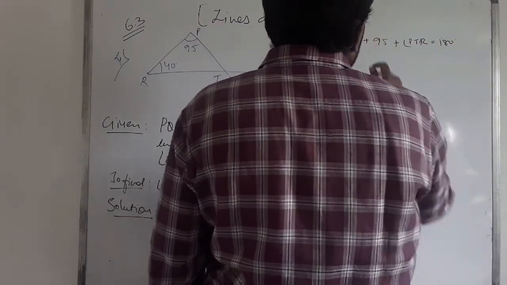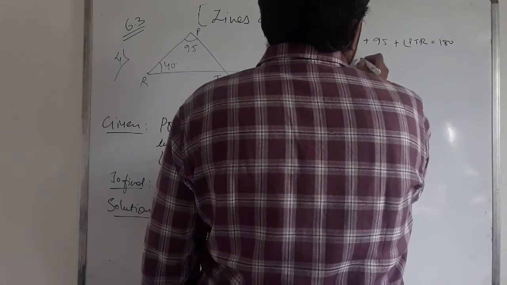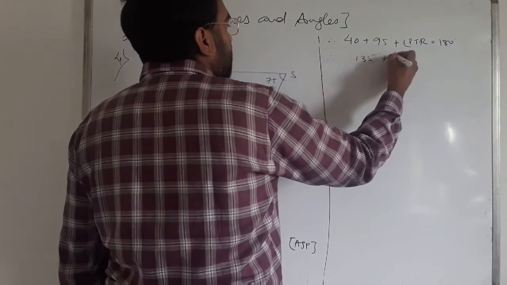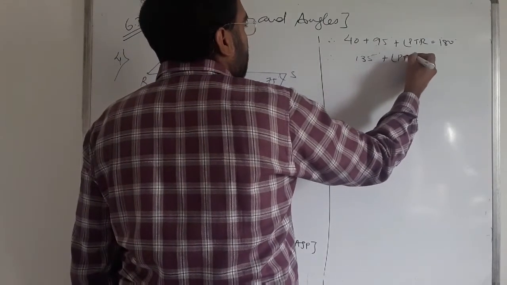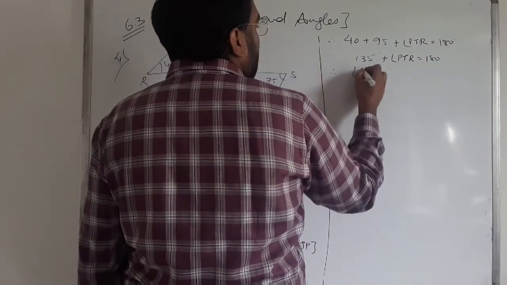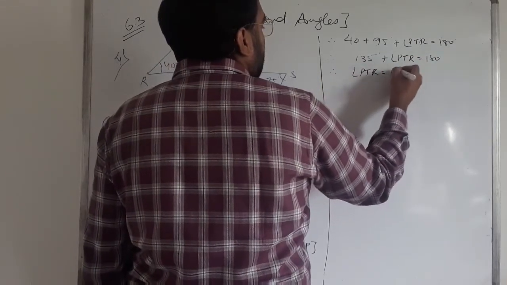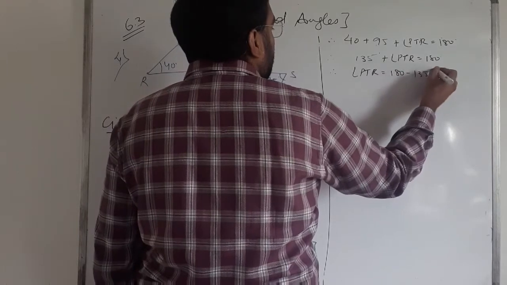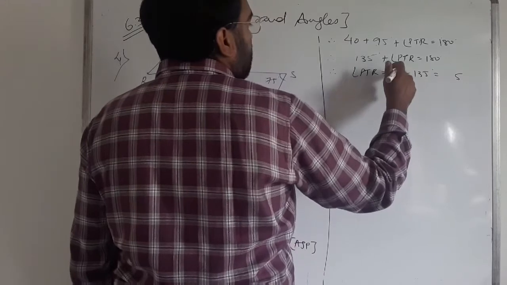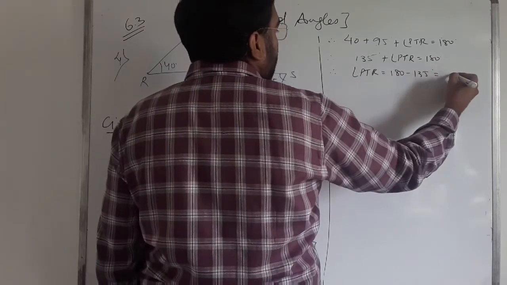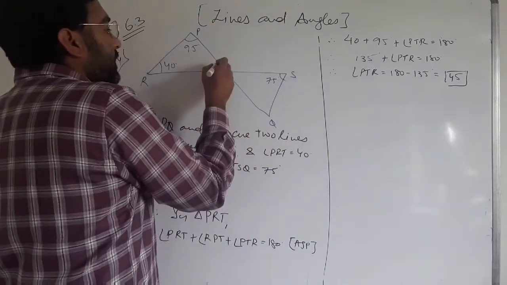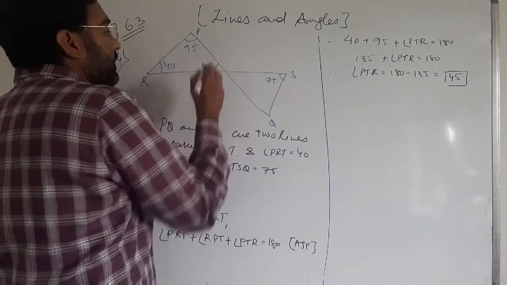PTR is not given, so 95 plus 40 is 135 degrees, plus angle PTR is equal to 180 degrees. Therefore angle PTR is equal to 180 minus 135, that is 45 degrees. Our PTR angle is 45 degrees.